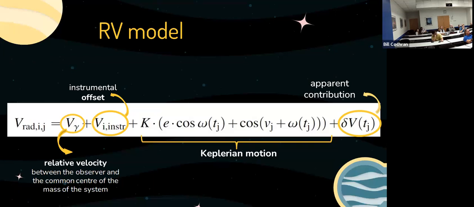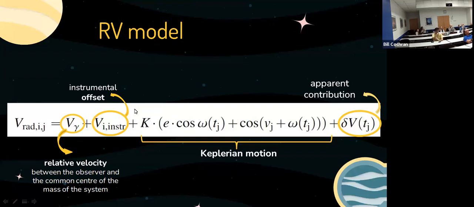And this is how we model that. At the end, it's just a sine or cosine function, as you saw, but it's made of a lot of components. This one, V gamma, is basically the velocity between us, the telescope or the observer, and the common center of mass of the system, because they won't be fixed in time; they will move one with respect to the other.